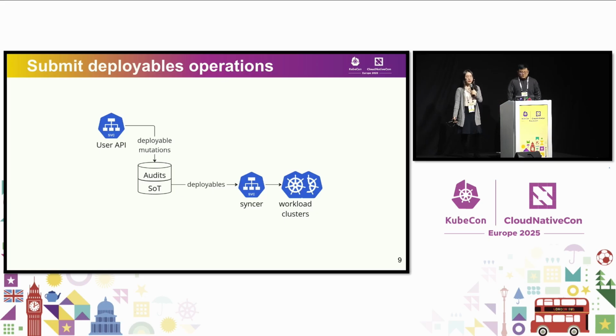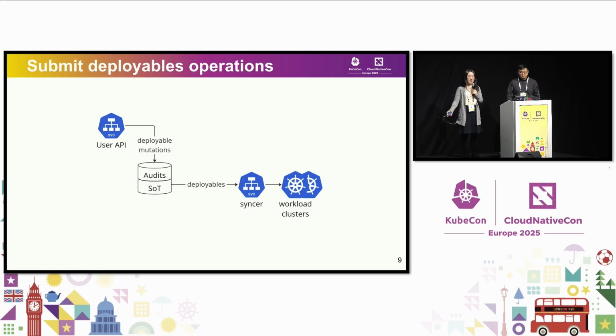For deployables, things can be similar or slightly different. This shows a slightly different view. The API will only need to put the deployable objects into the audit and the source of truth based on the form they are submitted in. And then there's a syncer service that reads from the source of truth database and actually lands things on the cluster.